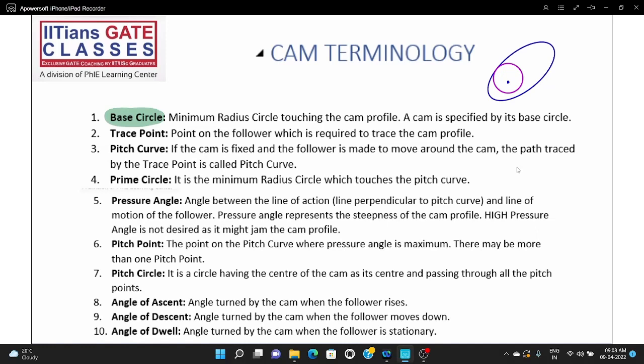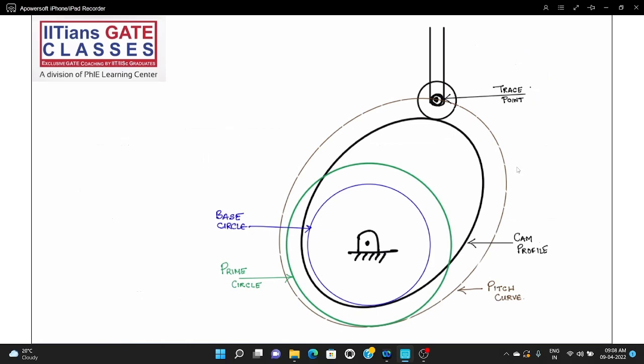I've shown it here. You can see the one marked by black is the cam profile, and this is the base circle, the blue one, the minimum radius circle which is touching the cam profile.